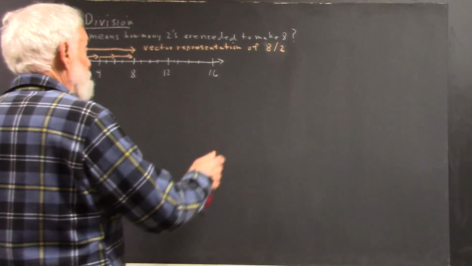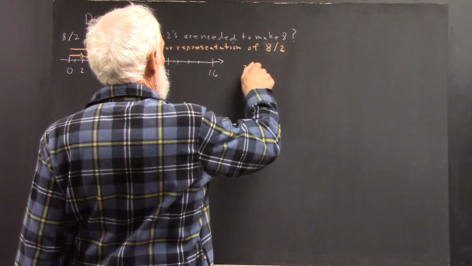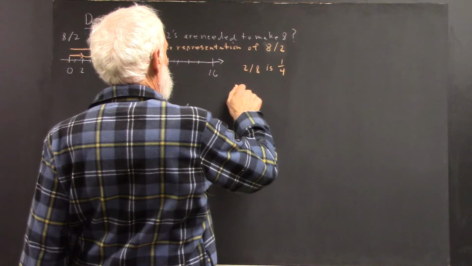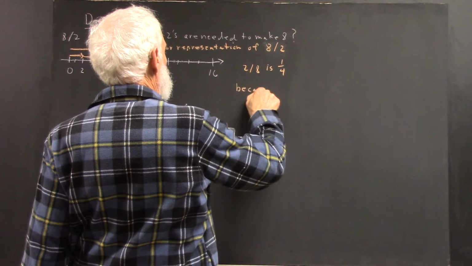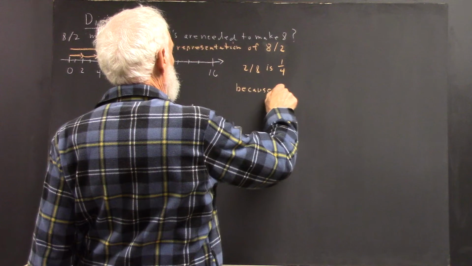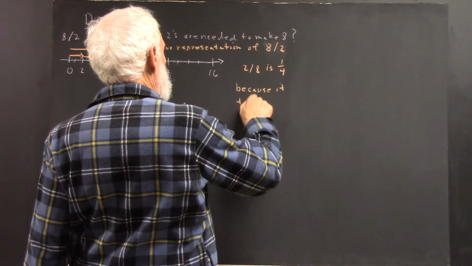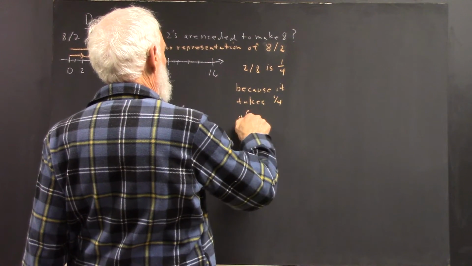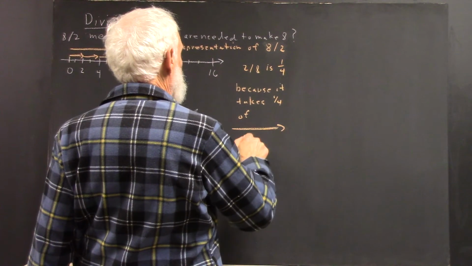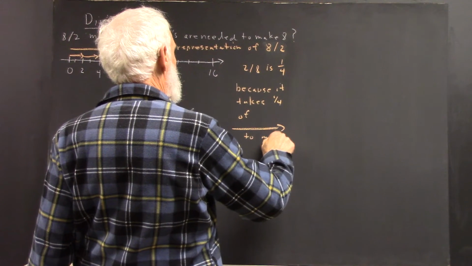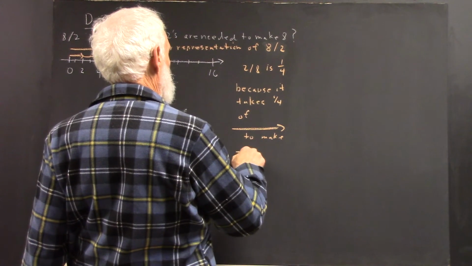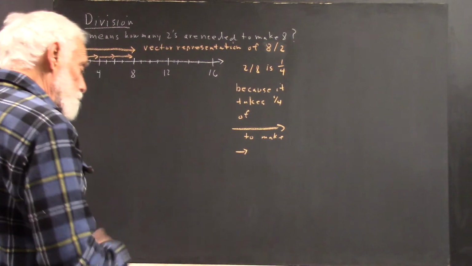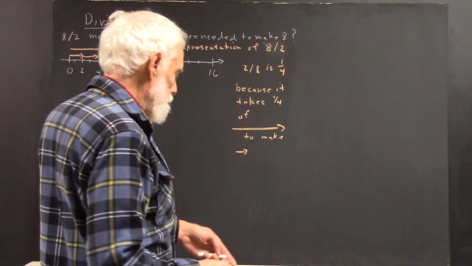So we could also write 2 divided by 8 is 1/4, because it takes 1/4 of this to make this picture.